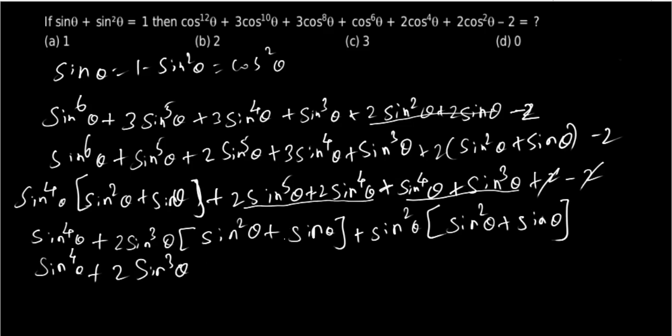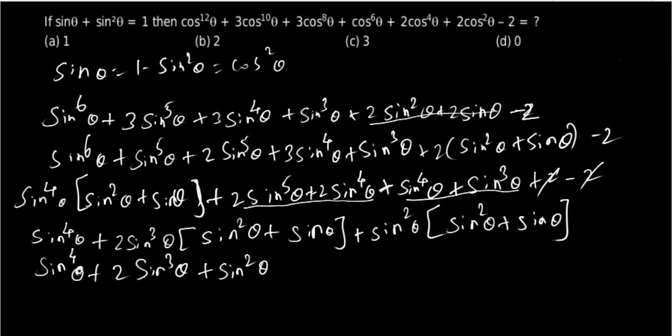This sine square theta plus sine theta becomes 1, so that we can leave, plus sine square theta, this bracket also becomes 1, sine square theta plus sine theta becomes 1, that also we can leave. So here sine to the power 4 theta and 2 sine cube theta plus sine square theta.